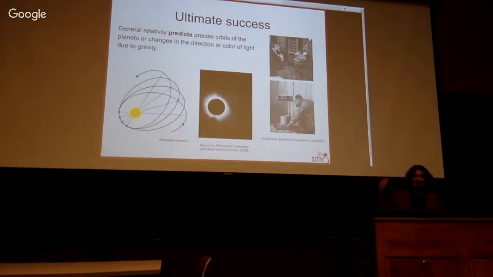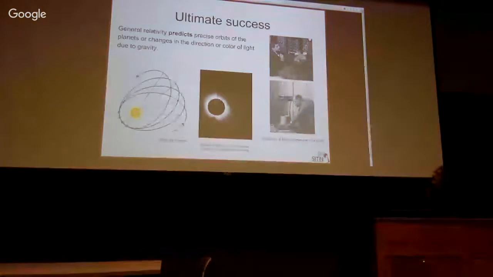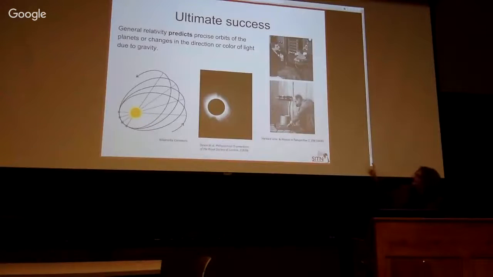That's the second prediction. The last prediction that I wanted to discuss is the change in color of light due to gravity, essentially. And here, let me give you a historical fact. These 2 pictures are taken from our physics department here in Cambridge, from Harvard Physics. At the top, you see Professor Pound, and at the bottom, you see his grad student.